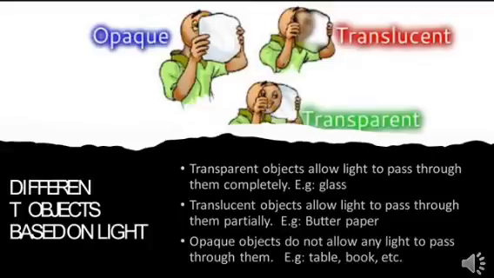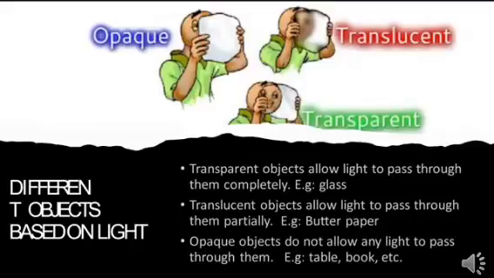So such objects are called translucent. And opaque objects are those objects which do not allow any light to pass through them. So when it does not allow any light to pass through it, it blocks the view or it blocks the light, and instead a shadow is formed behind that opaque object.